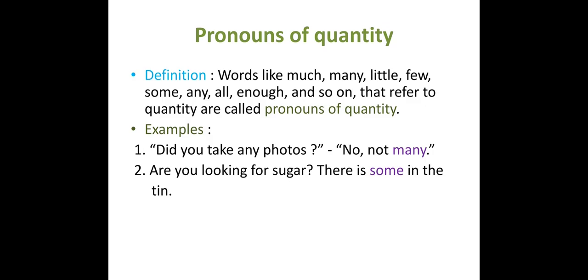Before the examples, I will help you understand. Pronouns of quantity tell us about the amount of a thing or the number of things or people. So this is called pronouns of quantity.